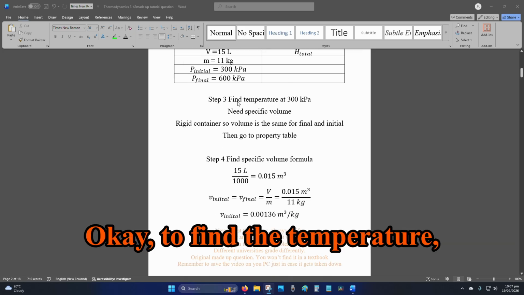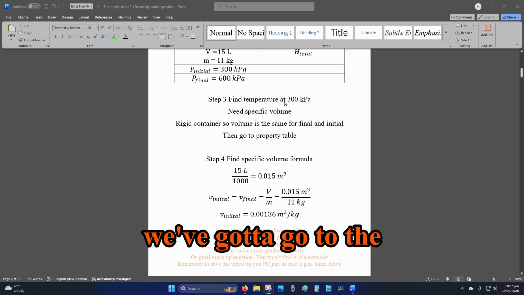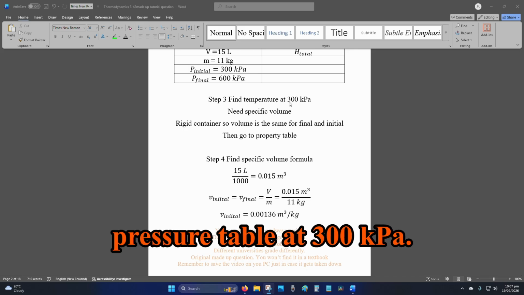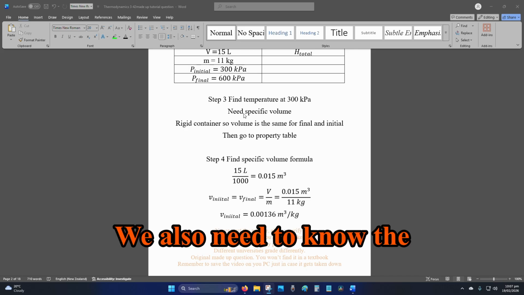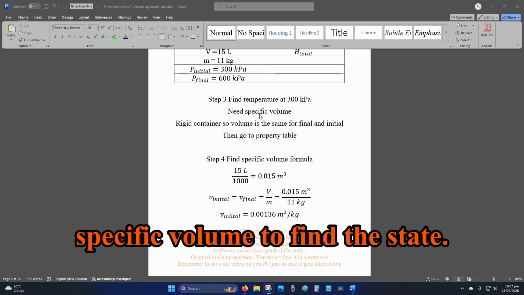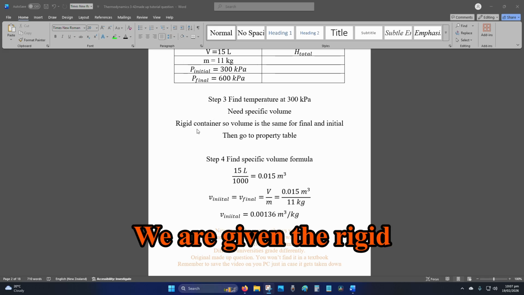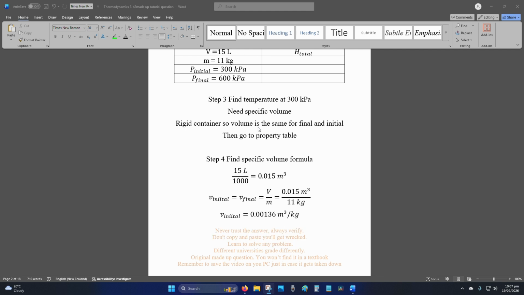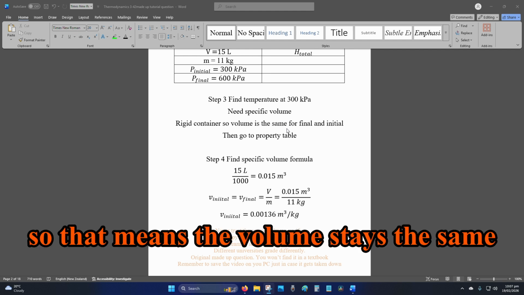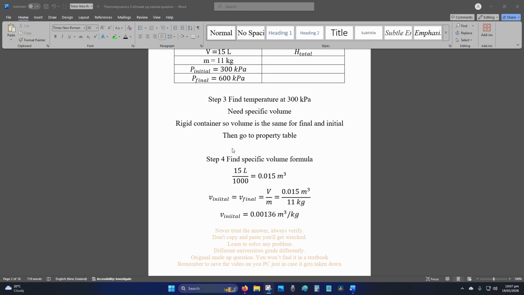Okay, to find the temperature, we've got to go to the pressure table at 300 kPa. We also need to know the specific volume to find the state. We are given the rigid container information, so that means the volume stays the same for final and initial.